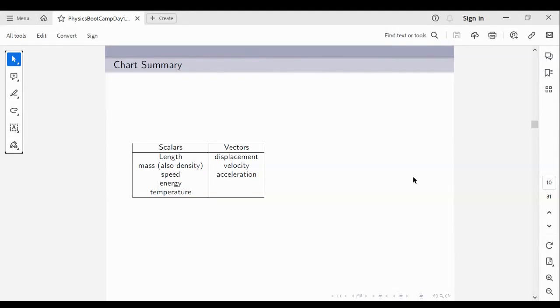Here are some typical examples of scalars: length, mass, speed, energy, temperature, which is related to energy but is not quite the same thing. And your vectors: displacement, velocity, acceleration, momentum later, angular momentum later, etc.